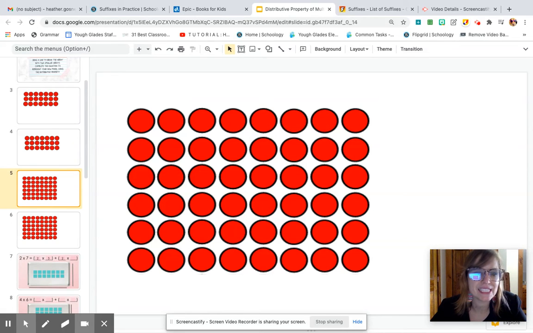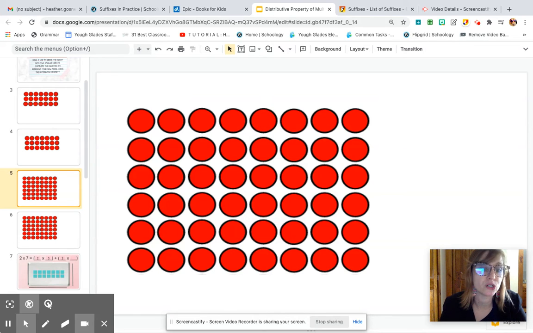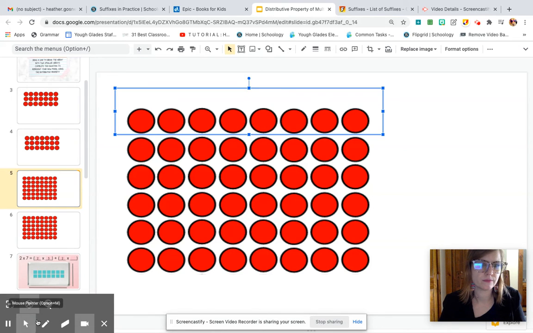In this array, you could split this any way you like, whatever is easy. But first things first, you need to find out, okay, what multiplication equation does this array represent? What does this represent? Let's find out. First, we have to look at the columns and look at the rows. Okay, so rows times columns, let's do it.